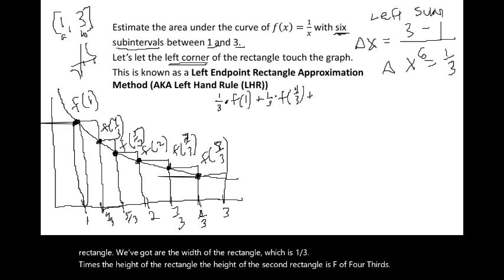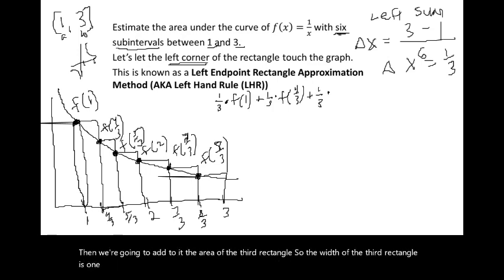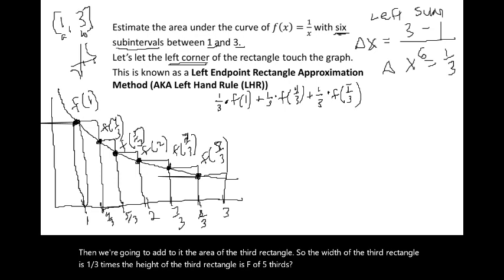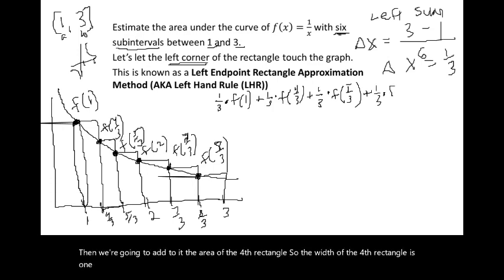Then we're going to add to it the area of the third rectangle. So the width of the third rectangle is 1/3, times the height of the third rectangle. Height of the third rectangle is f of 5/3. Then we're going to add to it the area of the fourth rectangle. So the width of the fourth rectangle is 1/3, times the height of the fourth rectangle, which is f of 2.